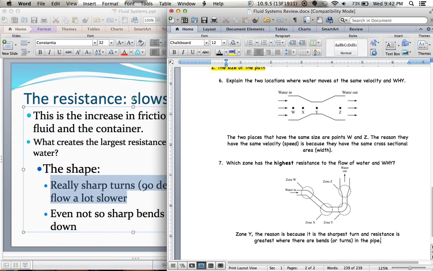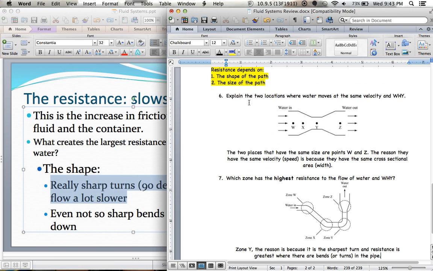Okay? Great. So we need to actually add these notes, and I'm going to do that. We have them summarized here. This is really what you need to remember: your size and shape will cause something to change with your resistance.